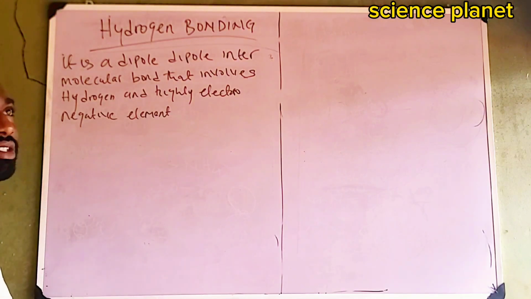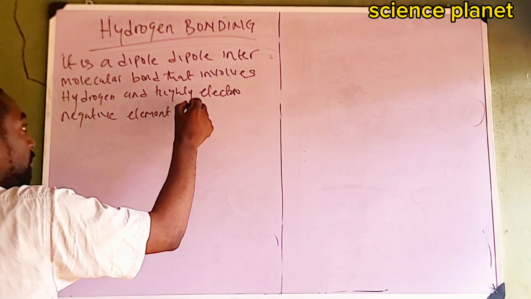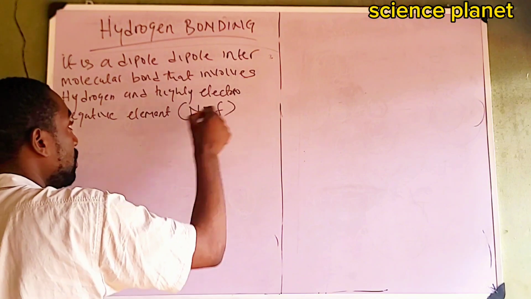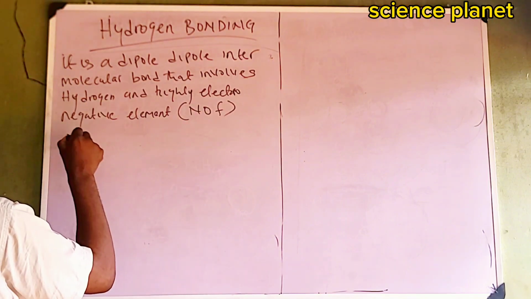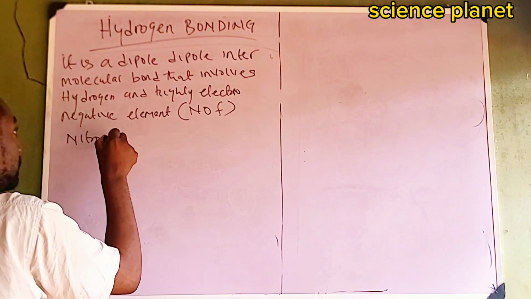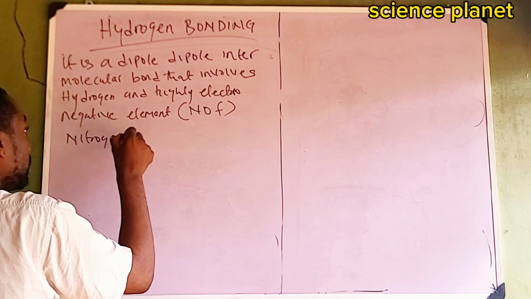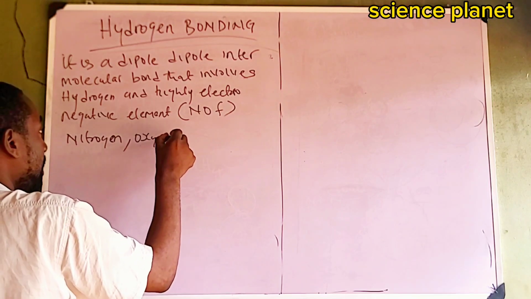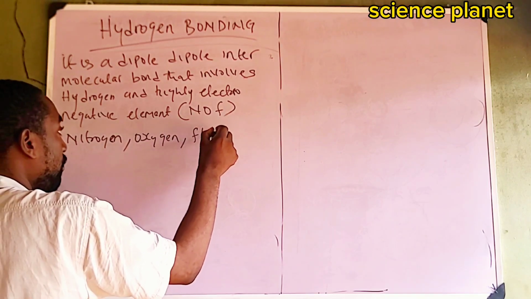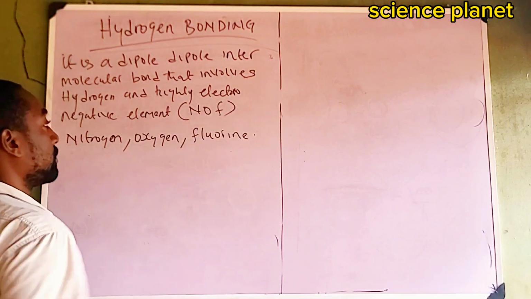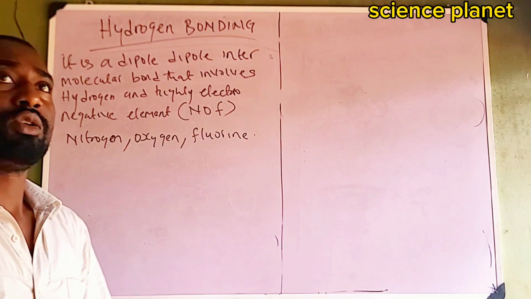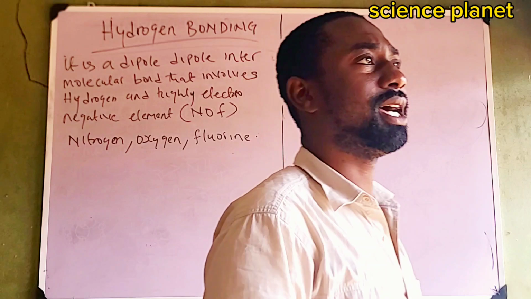And what are these highly electronegative elements? I call it NOF, NOF for short. What is NOF? N stands for nitrogen. O stands for oxygen. And F stands for what? Fluorine. NOF. So, what are the rules governing hydrogen bond?